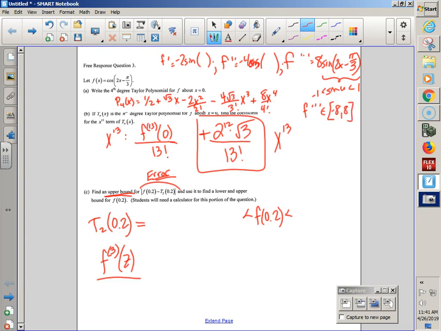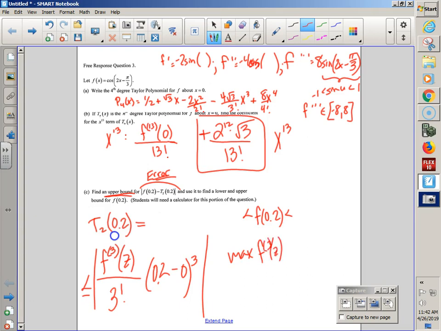Ooh, except I'm supposed to be going between 0 and 0.2. If I'm allowed to use my calculator, it makes it a little bit harder. Let me finish my Lagrange down here. So my error is less than or equal to my Lagrange. I'm doing 0.2 from 0 cubed. It depends on how much they want you to use your calculator, because you could maximize the third derivative with that simple rational and be like, oh, the max is going to be 8.